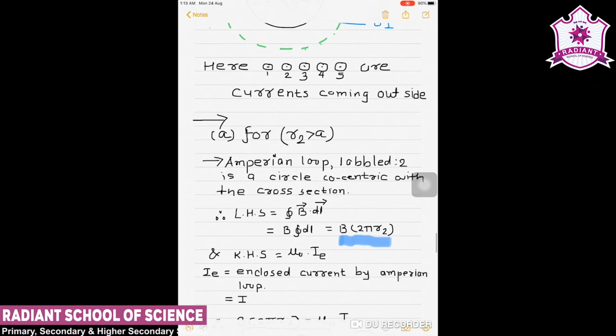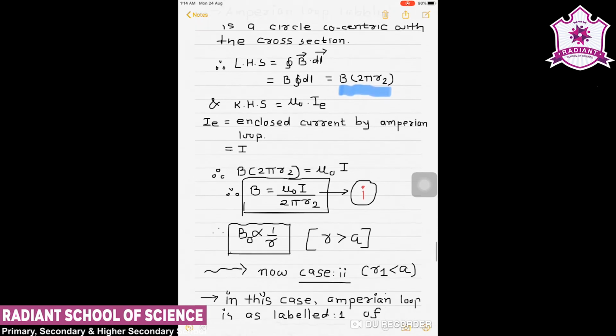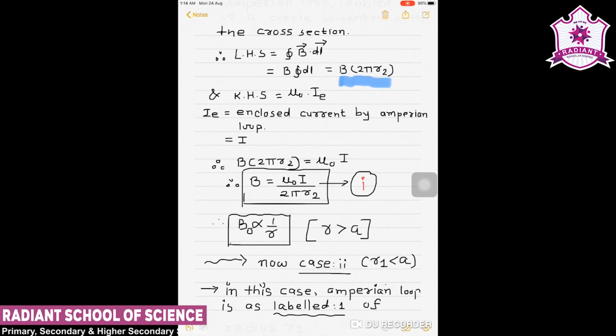So the total current is I, and the enclosed current is I. When we put these two values, B into 2 pi r2 is equal to mu 0 into I, and the answer is B equals mu 0 I upon 2 pi r2.